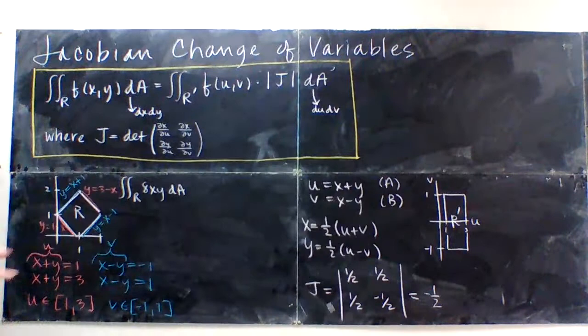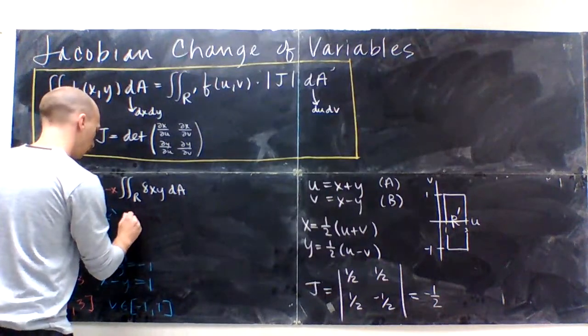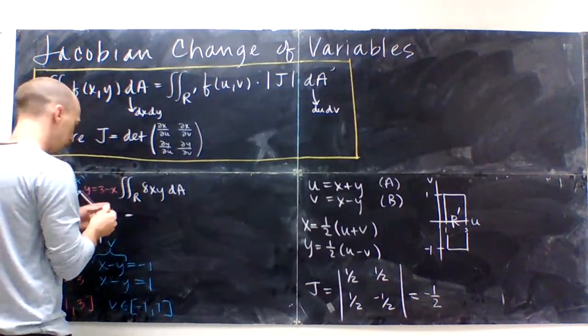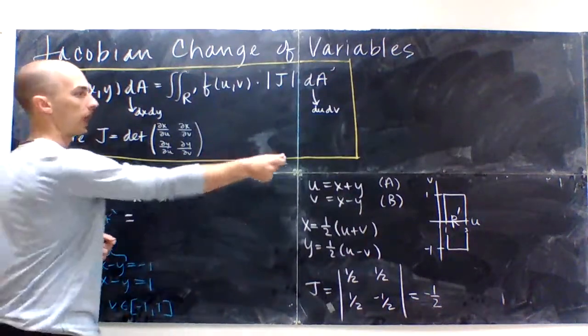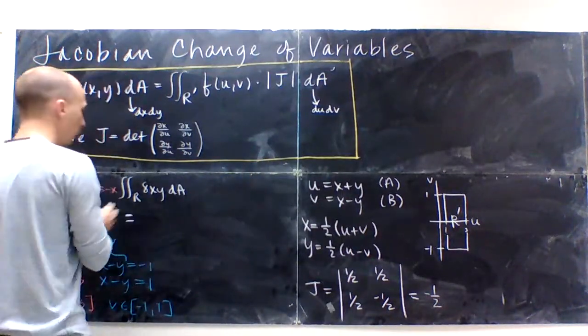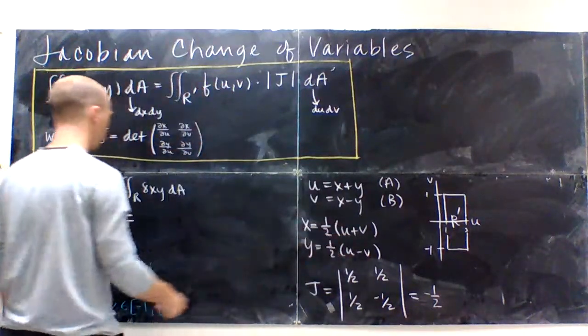Okay, so I think now I've got everything I need. I'm going to convert this into the double integral over R prime of 8 times x. I've got a formula for x and a formula for y.